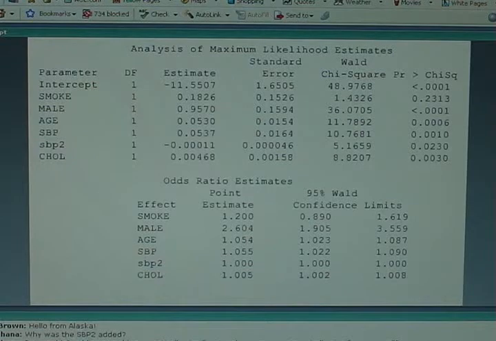But if that quadratic relationship wasn't true, in other words, if I added the age squared term to this model and age squared wasn't necessary, my guess is age squared would no longer be needed. So, yes, I agree with what you're saying. By focusing on SBP2, we're getting an idea of whether adding SBP2 on top of SBP is important. We're asking whether adding a quadratic on top of a linear adds important information. In this case, for blood pressure, it does.